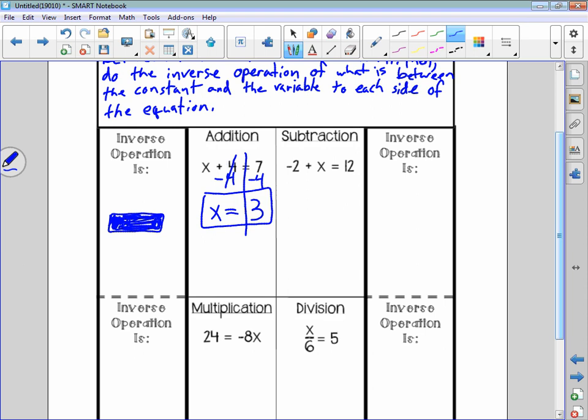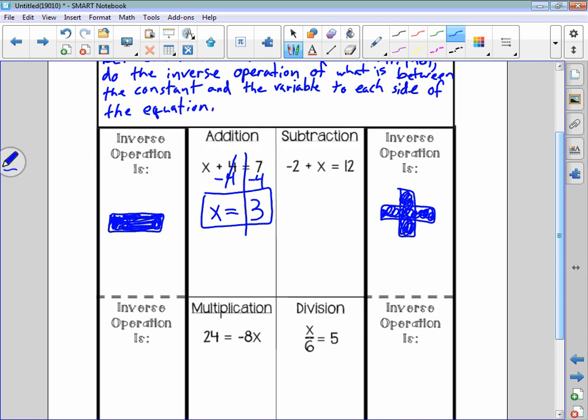Looking here, this is a little bit of a tricky one with subtraction. The inverse operation of subtraction is addition. And this says negative 2 plus x equals 12.